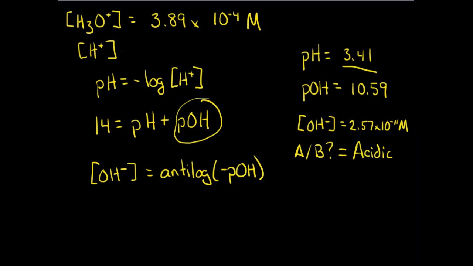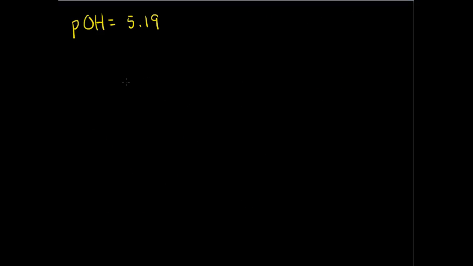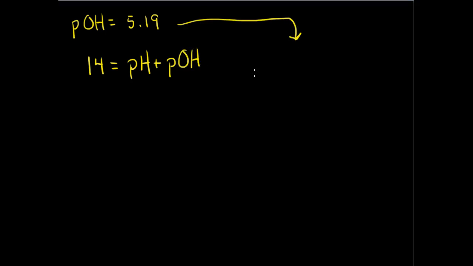All right, 2 more. On this row, easy enough to start with. Your pOH is given to you at 5.19. From that, you can figure out your pH rather quickly. 14 equals pH plus pOH. From there, you can figure out your hydroxide ion concentration by doing the antilog of your negative pOH.